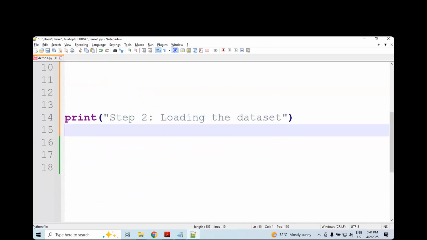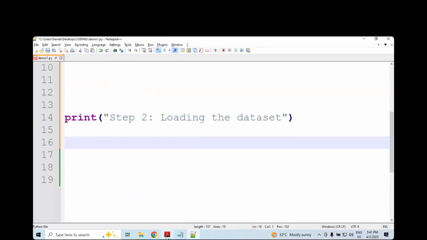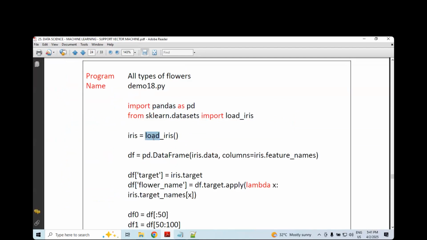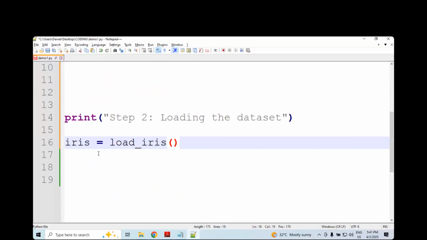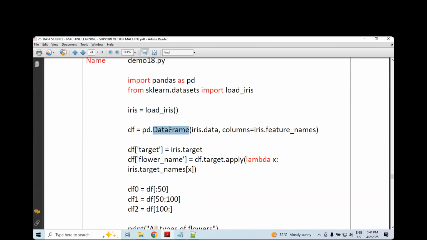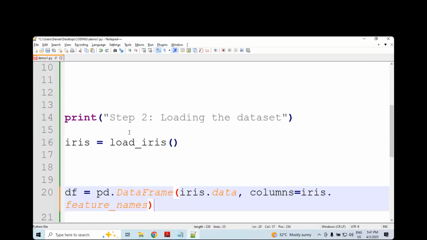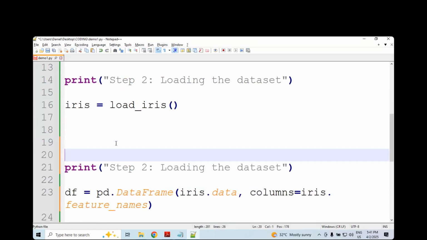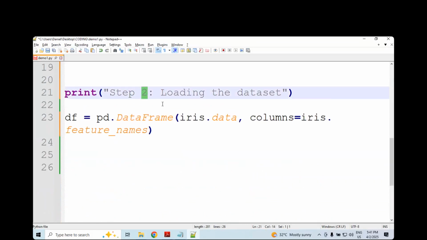You have to make a note on this. Yes, we are loading the data set. The data set is loaded. Then creating a data frame. Step number 3 is data preparation.